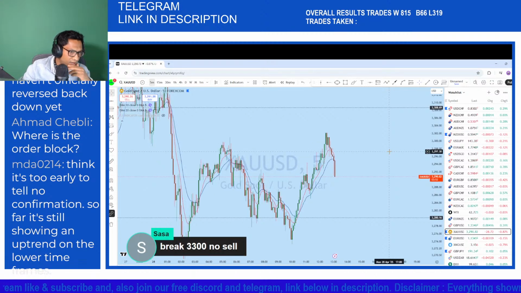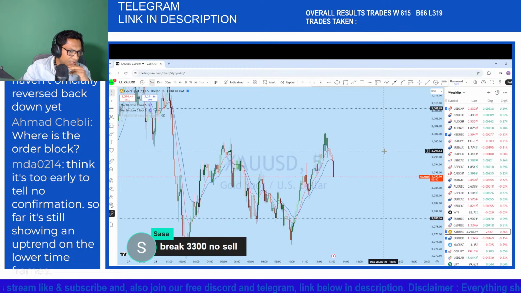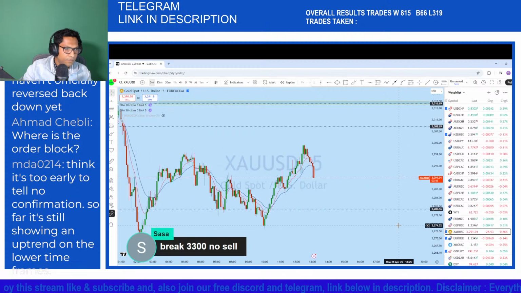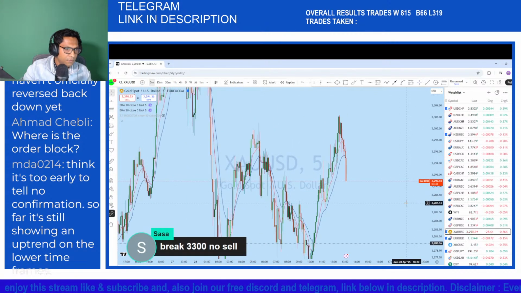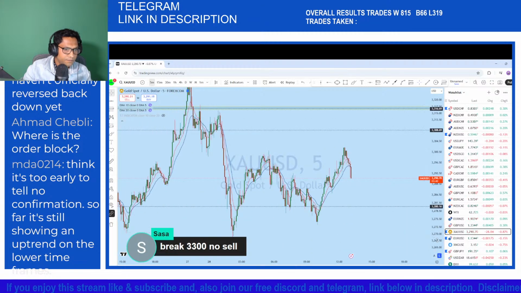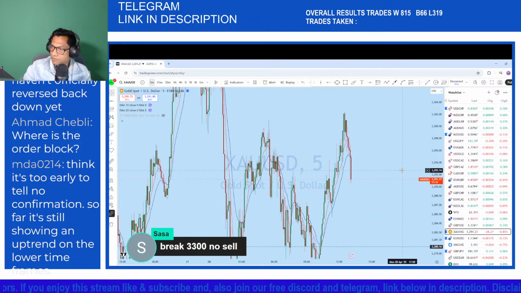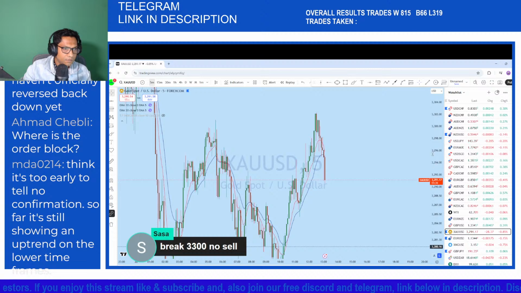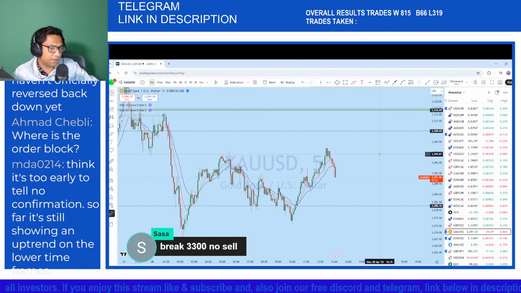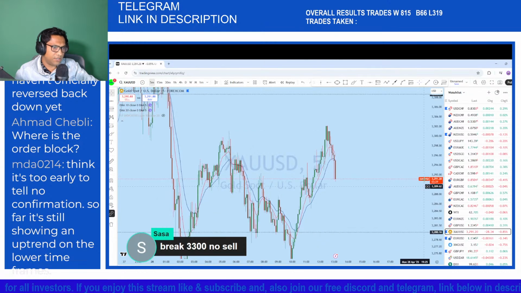Looking for the market to show its hand here. Now you can see the price is trending.